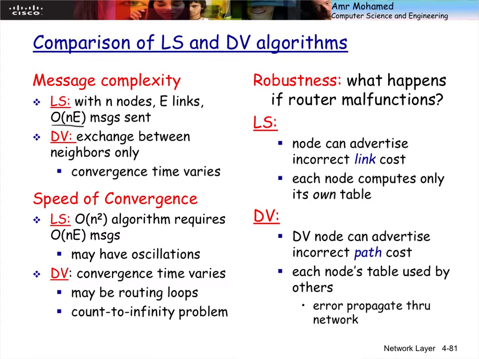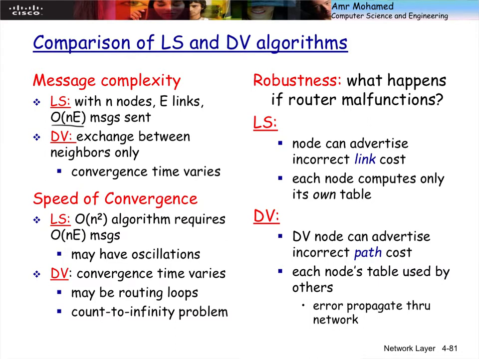Because every state of an edge is flooded through the network, which means that the state of one link gets transferred over multi-hop. So every state of every link needs to go through multi-hop to reach all the nodes in the network. So the communication complexity is even more than this. We cannot really calculate it exactly, but it's even more than this.